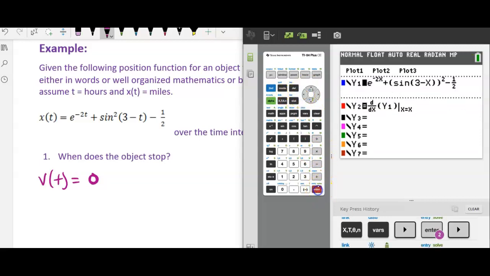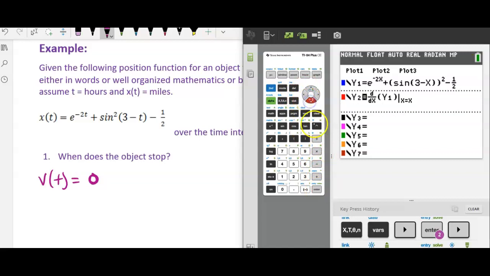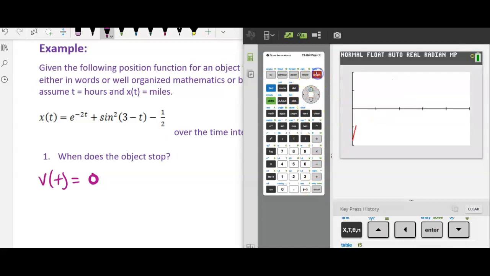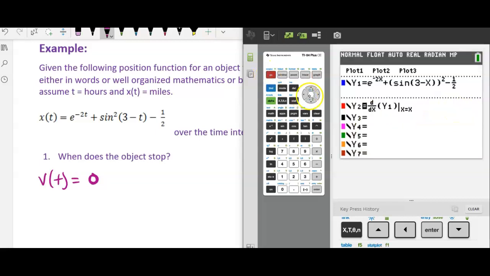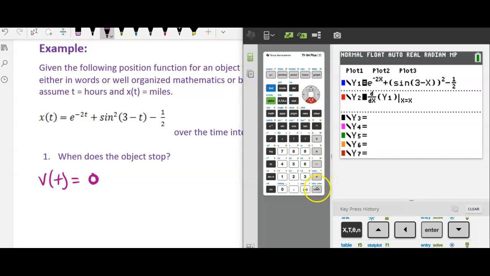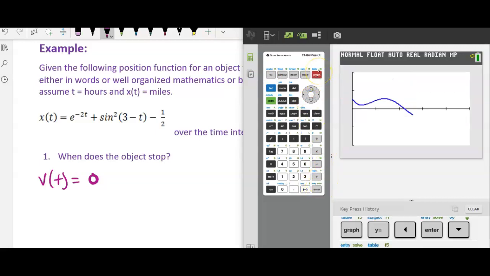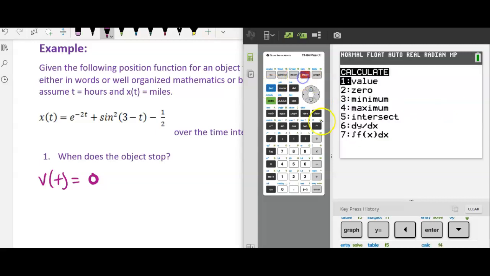I can turn y1 off by unhighlighting the equal sign. I can hit graph. And I can see it's going through the x-axis at those same points where the max and mins were. Now I think it's a little bit easier to find max and mins than zeros, but it's about the same amount of work, so you can do either. I'm going to go back and find max and mins.